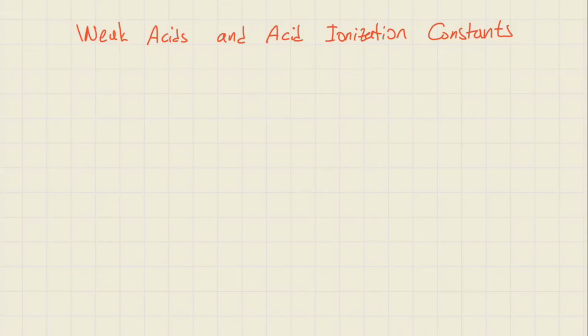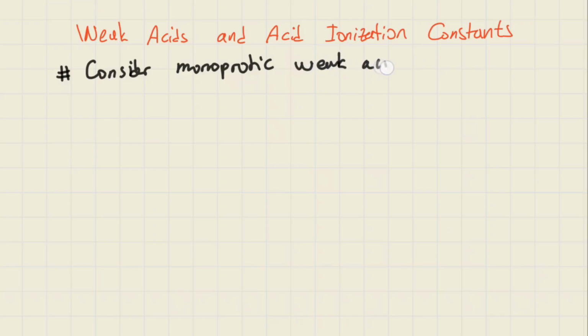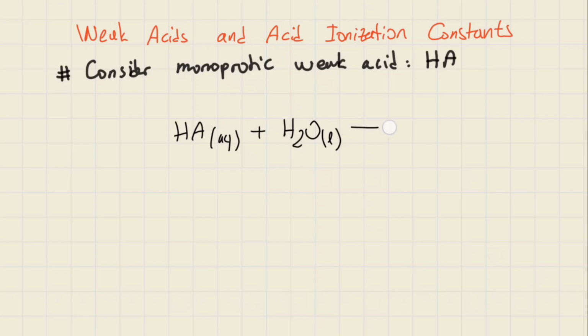And I will talk about the weak acids and weak bases. And in this case, I will consider a monoprotic weak acid, HA. So we have HA in aqueous solution. We have water again, and there's an equilibrium reaction.